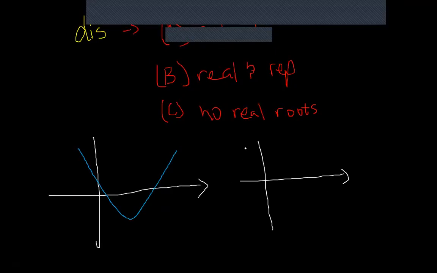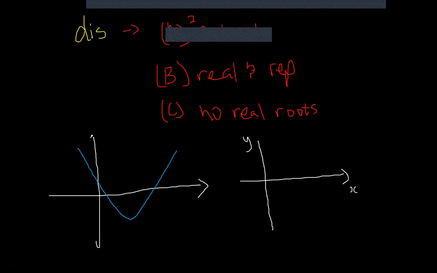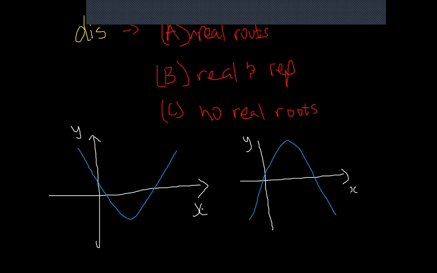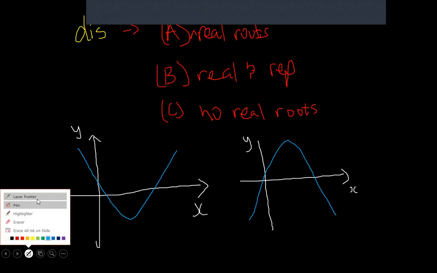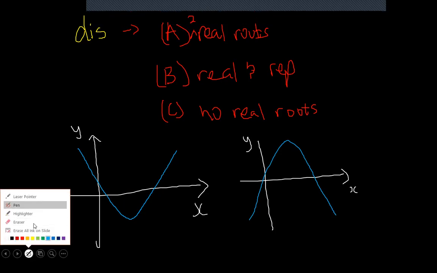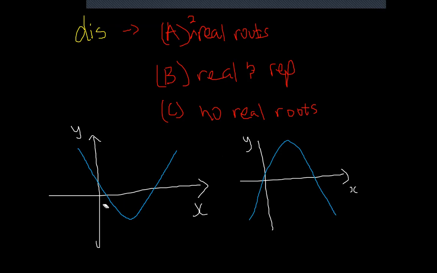This is the y-axis, this is the x-axis. It's a curve. This is a minimum curve, which looks like a smile. A maximum curve looks like a frown. That's just a little trick to remember it. So a parabola, which is the graph of a quadratic function, looks like this, or it might look like this.